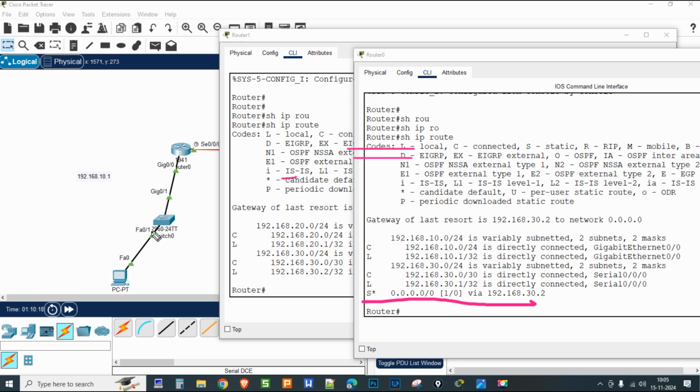For example, 192.168.10.0, 30.0, then 20.0, and 172.16.1.0, 2.0, then a number of networks are available in the real-time world. All the traffic goes to this interface. This is the default static route. So it can reference any network coming from unknown IP addresses. It can by default forward the traffic to this interface.